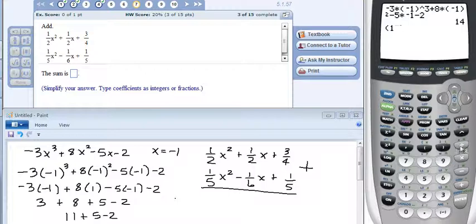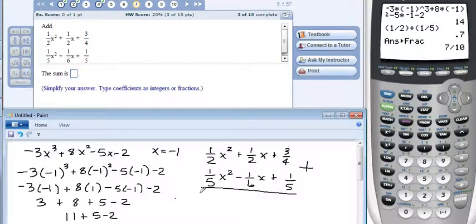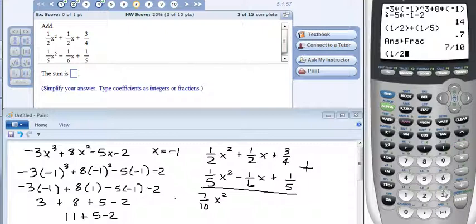I've got 1/2, and I'm going to add a 5th. I'm going to turn those all into fractions. So I've got 7/10 there, so I've got 7/10 x squareds. Now I'm going to do it again. I'm going to add a 1/2. I'm not going to do all of these, but I'll just get you started here.